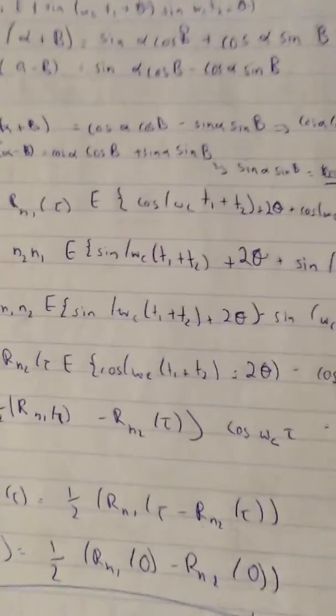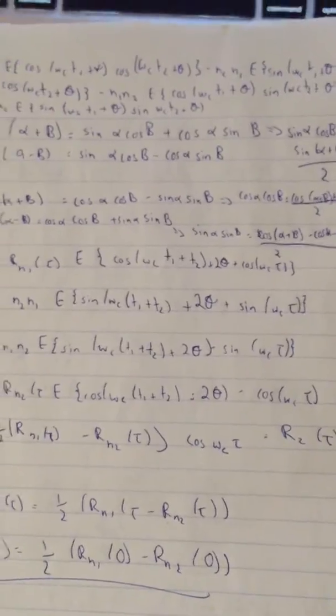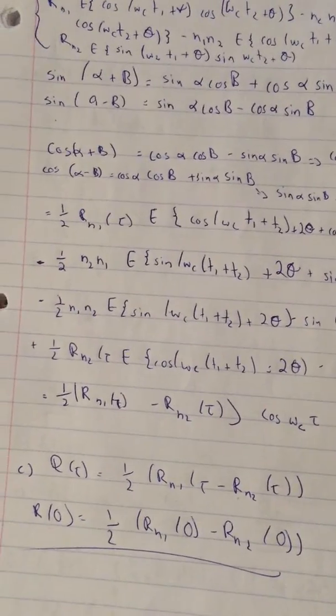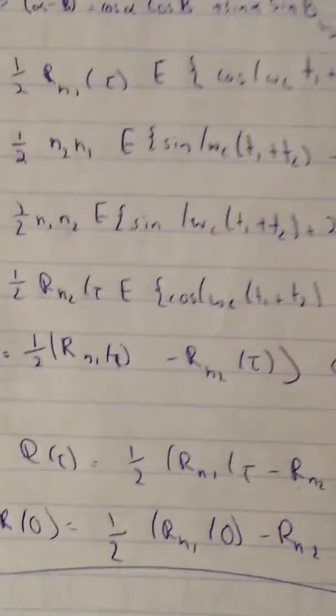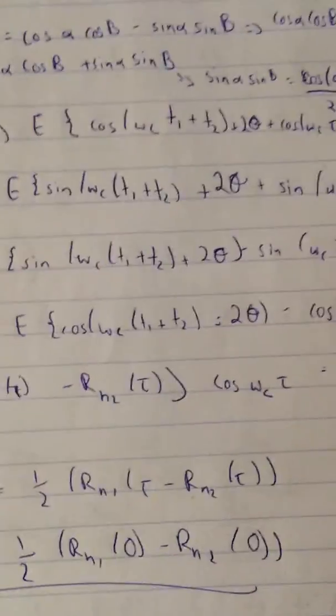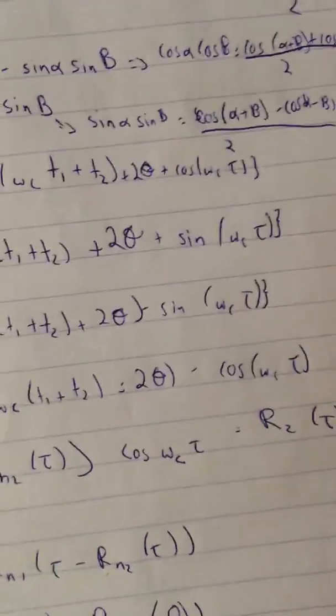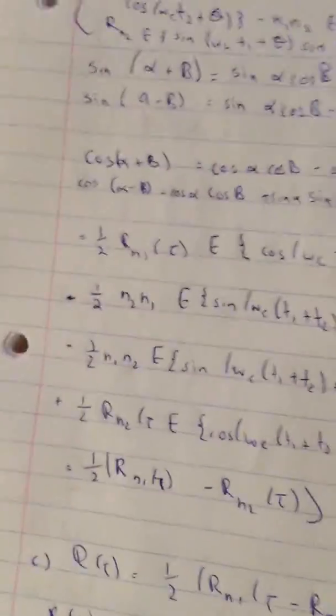So this is what it looks like once you start plugging in, and then eventually you reach the answer: one half times R_n1(tau) minus R_n2(tau), times cosine(omega_c tau), which equals what we were looking for, and that's the answer for part B.